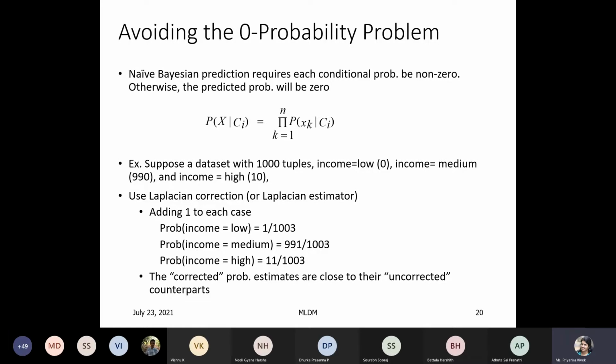So there is a small change we are making, but the probability is still approximately 0, though it is not 0. So we will not get a 0 value for the whole thing. That is just to solve that problem.